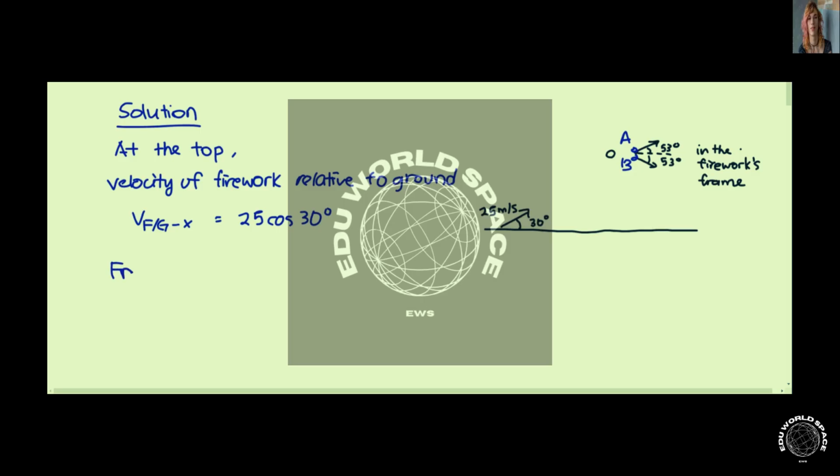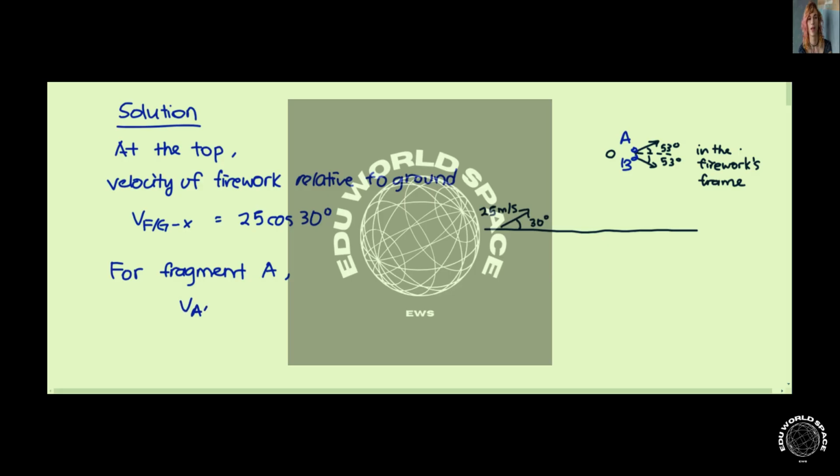For fragment A, using the relative velocity equation, before that, we first identify the components of the velocity of fragment A in the fireworks frame.